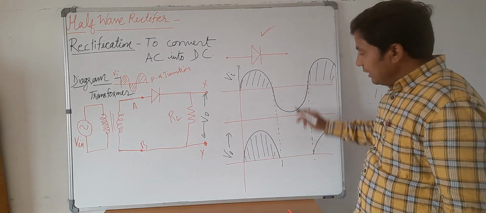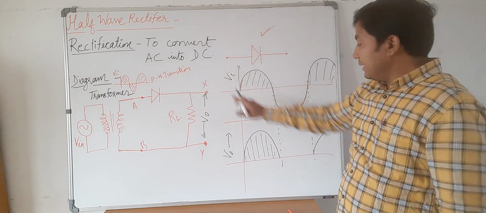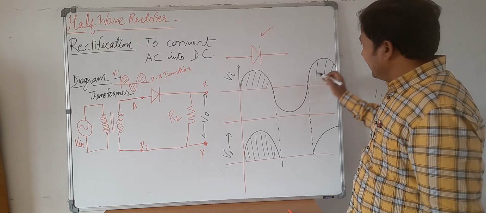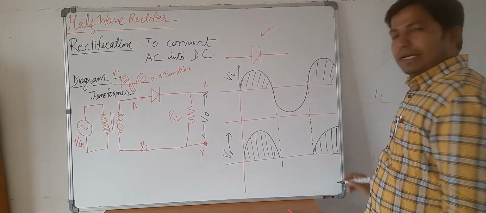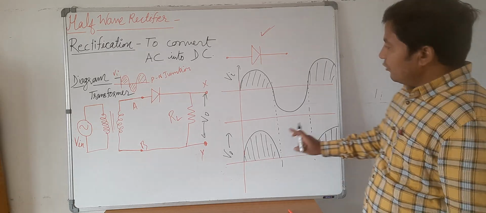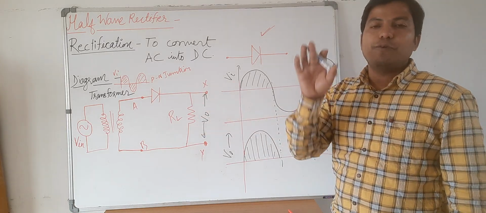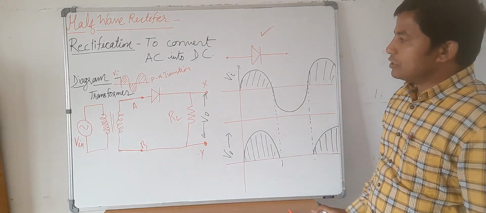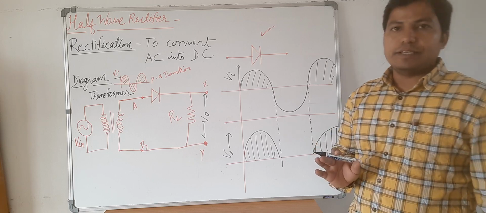For negative half cycle, PN diode will be in reverse biasing, so it stops the current or voltage. And for positive cycle, it allows the current to pass through it. So in this way, we can say that half wave rectifier allows only positive half cycles to pass through it. This is the working principle of the half wave rectifier. Thank you so much.